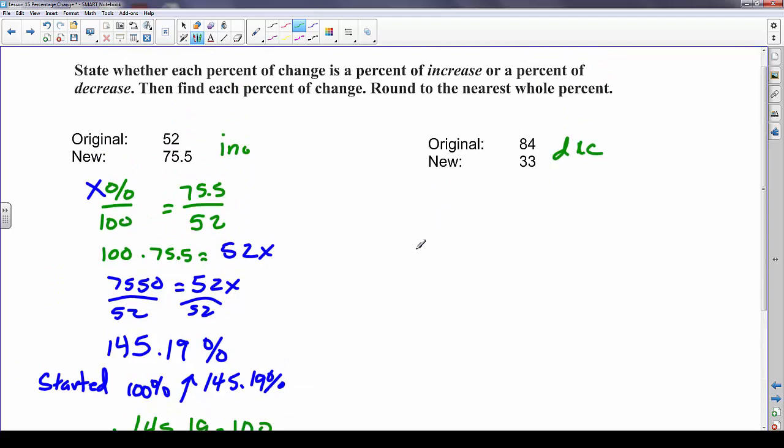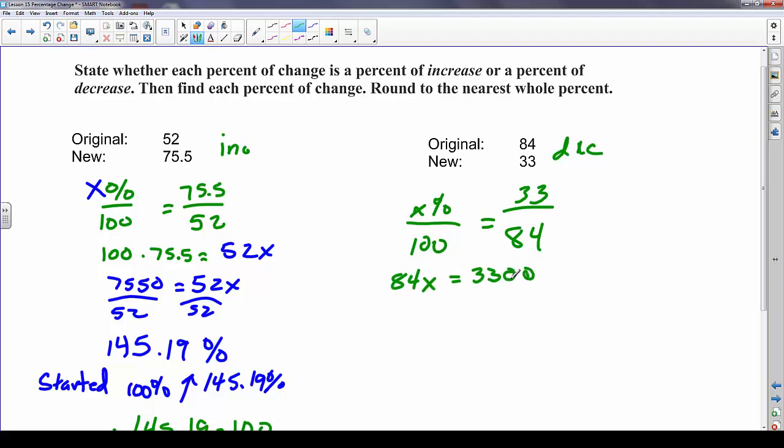So let's take a look at the other example. We're going to go from an original of 84 to a new value of 33. Do the cross product once again. I get 84x is equal to 3,300.